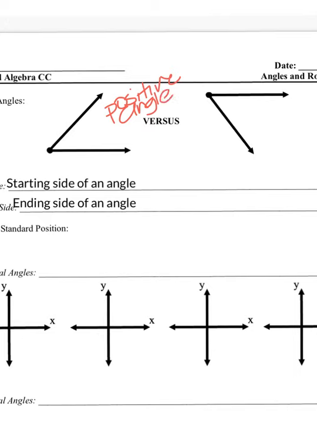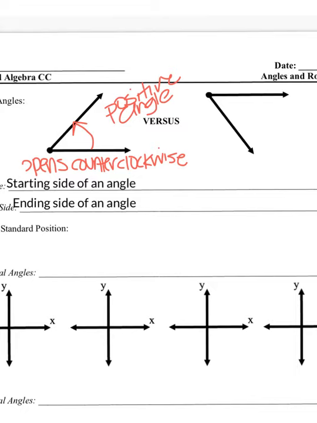And the reason why this angle is considered positive is because it opens counterclockwise. Counterclockwise is the opposite way that a clock moves.